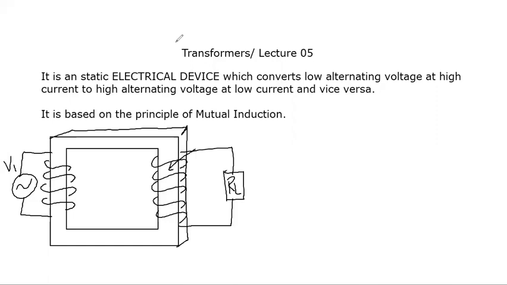We normally say that these two coils are electrically insulated from each other, but they are magnetically linked.